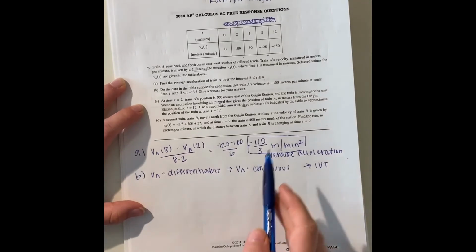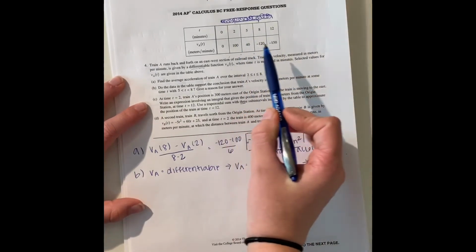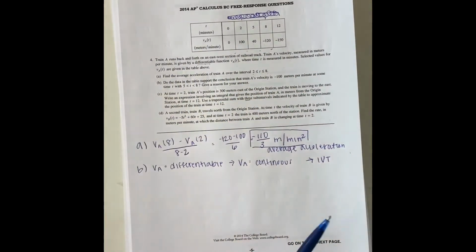Through the IVT, we can state that going from 40 to negative 120, the train has to pass a velocity of negative 100 at some point.